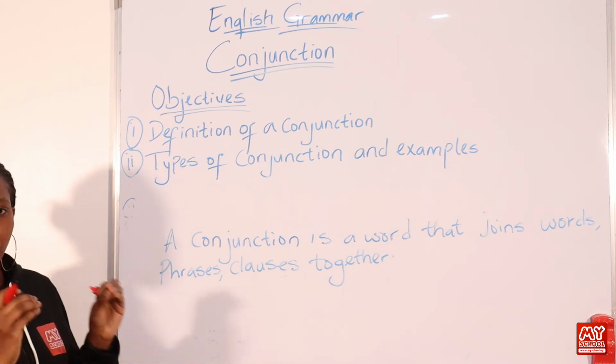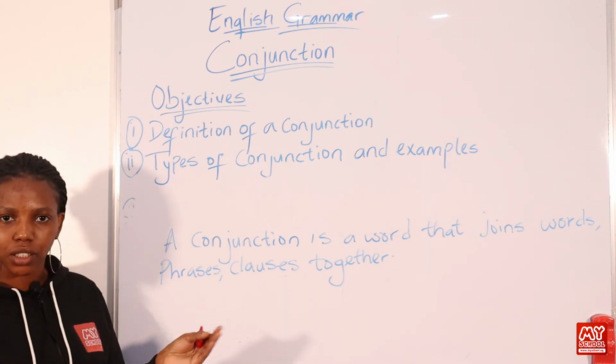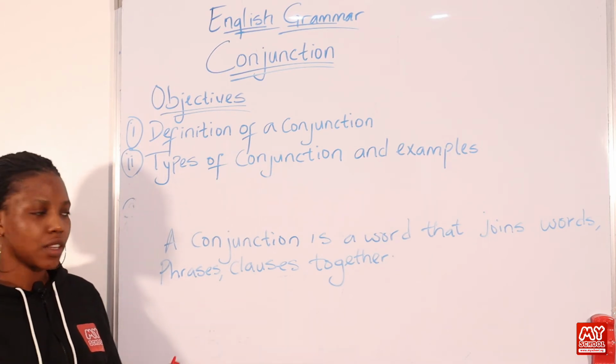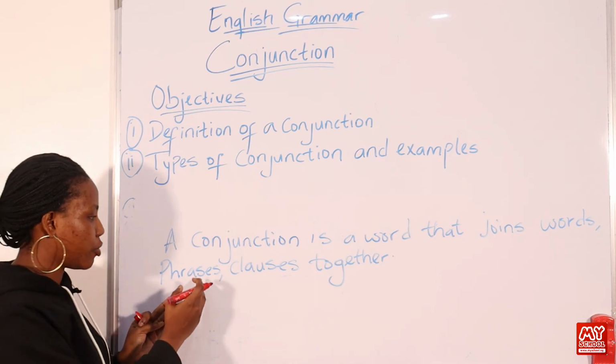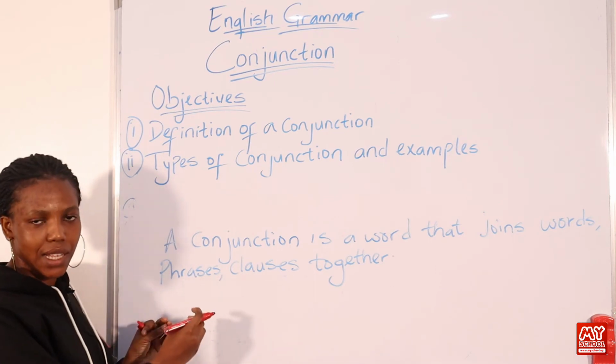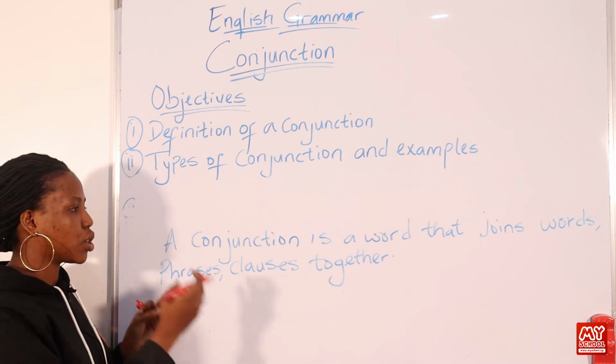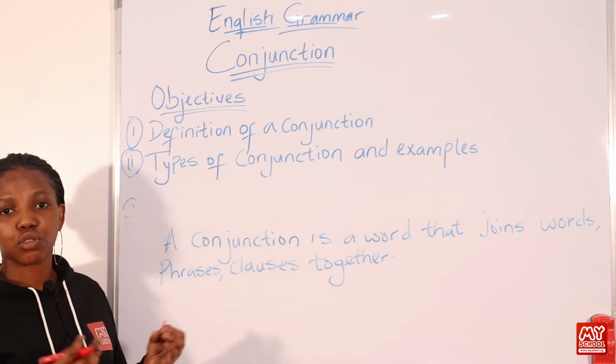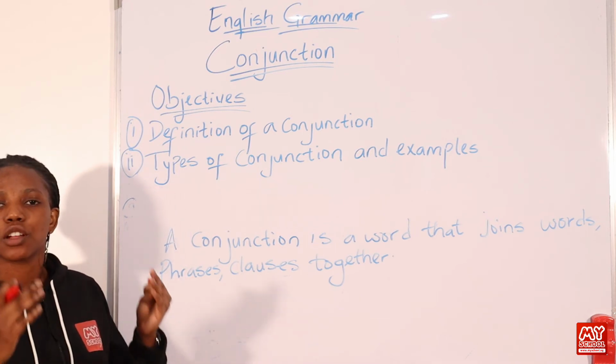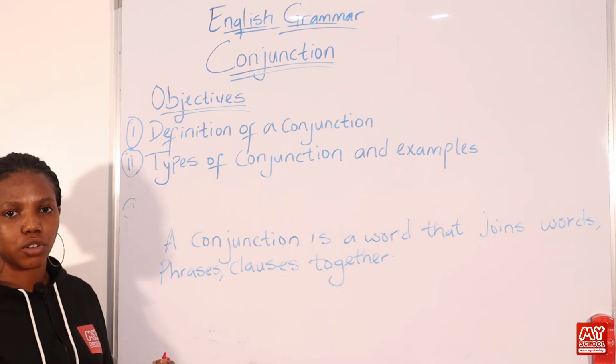So a conjunction is a word that joins two words or phrases or groups of words. I said the similarity between phrases and clauses is that they are both groups of words. So a conjunction is a word that joins two words or a group of words together. Okay, that is a conjunction.